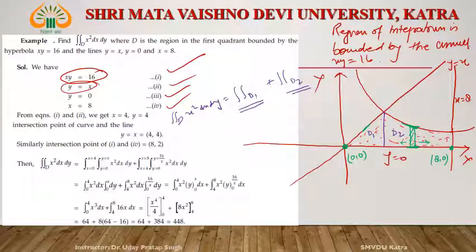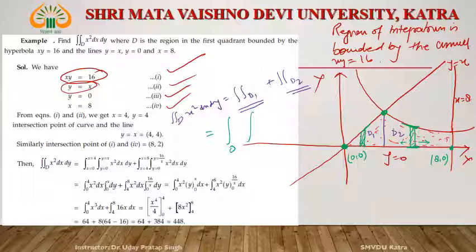So consider the strip parallel to the y-axis. First, the integral over D1. The lower limit will be 0, and the upper limit will go up to this point. What is this point?